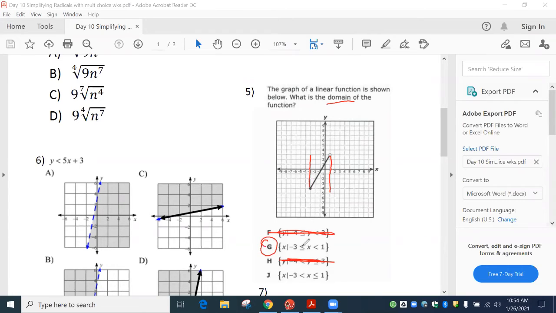So we want it to have an equal to bar, so the answer would be G. We do tend to think these are kind of easy. So we do expect that you guys would be able to do this question right here. If you're not good at it, this is something that as the year continues, we want to make sure we get really good at. Because it's not really a whole lot of math involved. It's just doing what we call cropping the picture, just like you're cropping a picture on your phone.